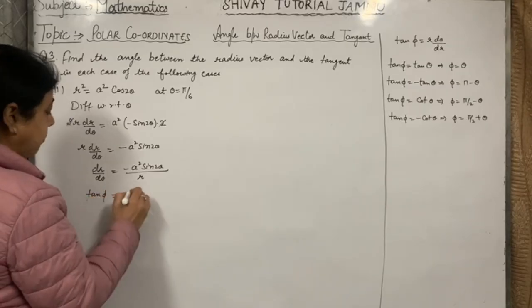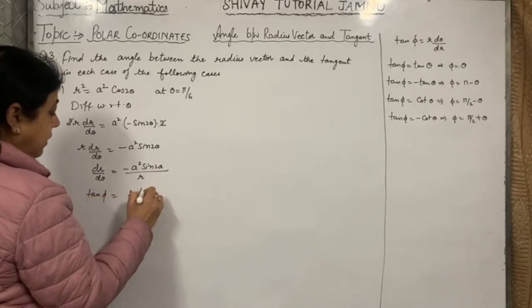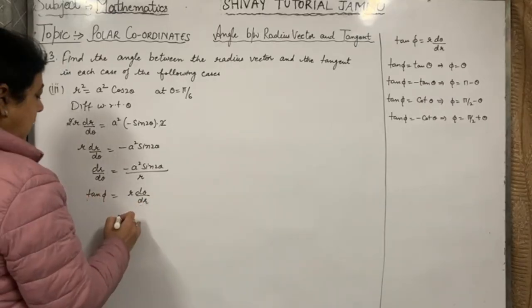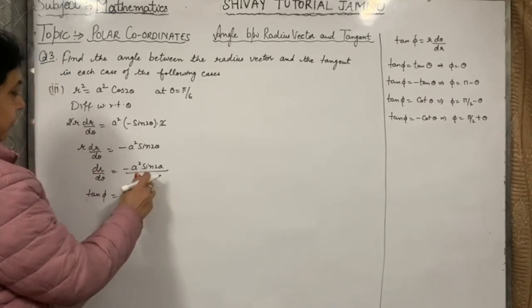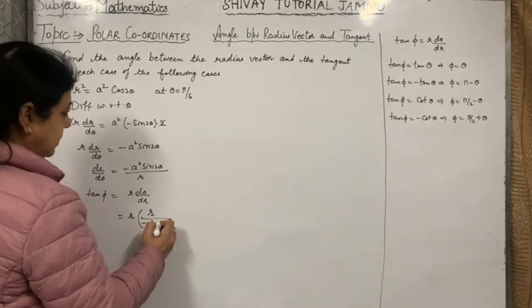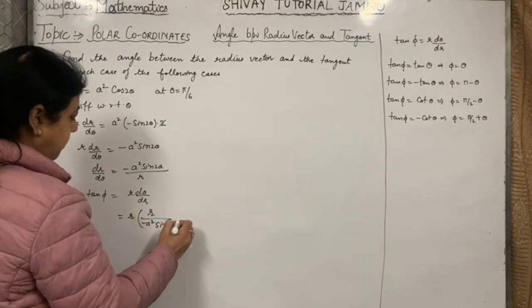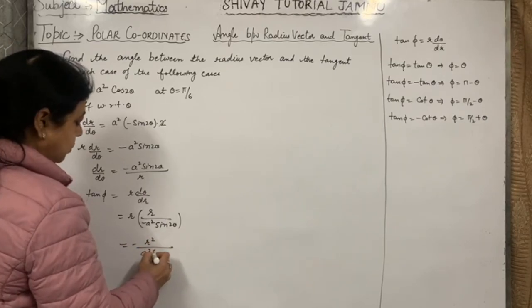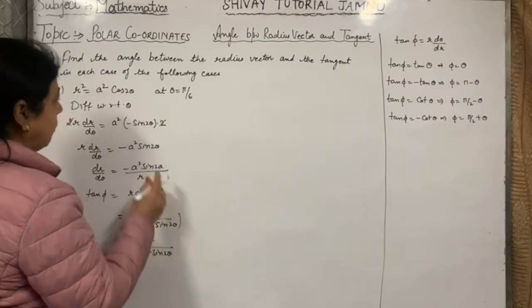Tan phi is r d theta by dr. We will take the reciprocal of this term: r upon minus a square sin 2 theta, so this will be r square upon minus a square sin 2 theta. What is r square?